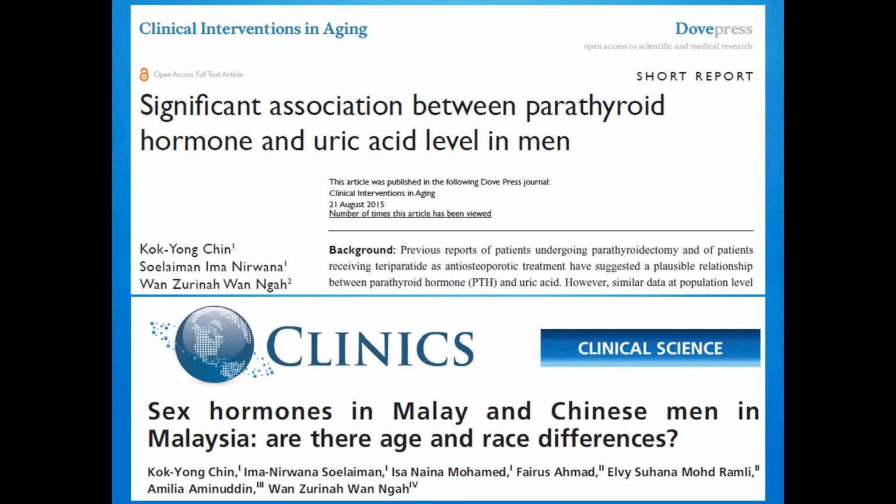However, you can identify the target group, which is men, and the outcome of interest, which is the association between parathyroid hormone and uric acid. Sometimes the title can be more creative. You can actually put your research question as a title. For example, sex hormones in Malay and Chinese men in Malaysia: their age and race differences. This is a title in the form of a research question, and those readers who are interested in the research question will read further.